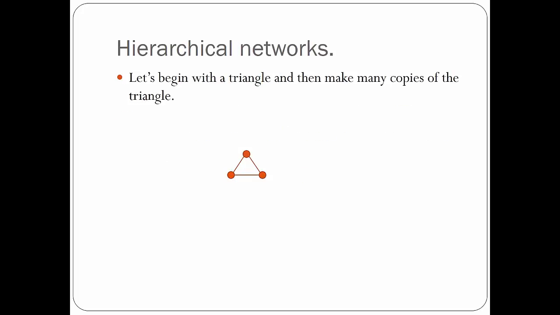So, for example, let's start with a triangle, or a C3. Now that we have our C3, we want to make many copies of the C3. Now that we have copies of the C3, we want to connect these copies to the original C3 by some specified procedure.